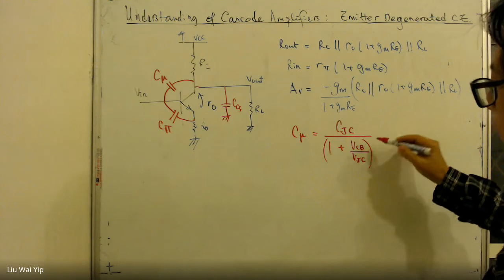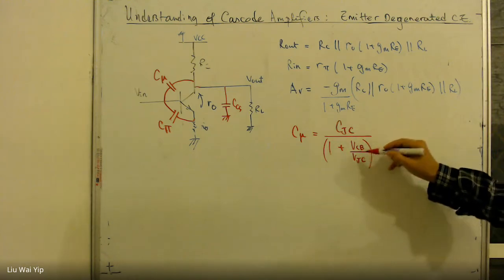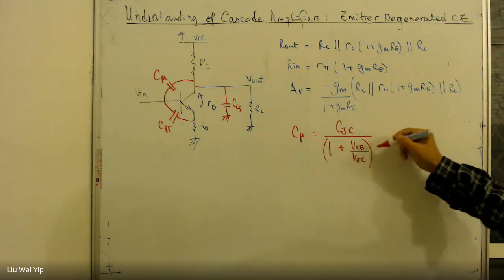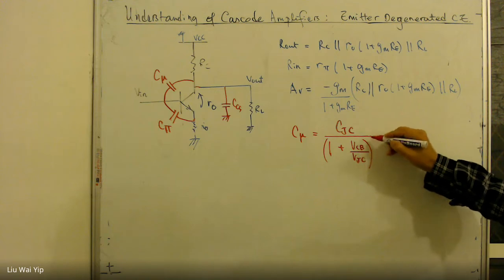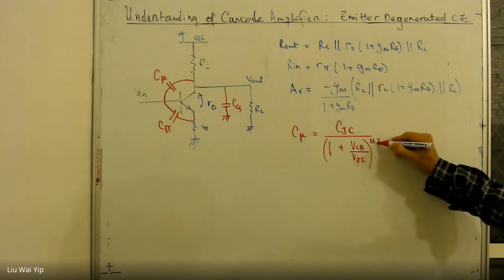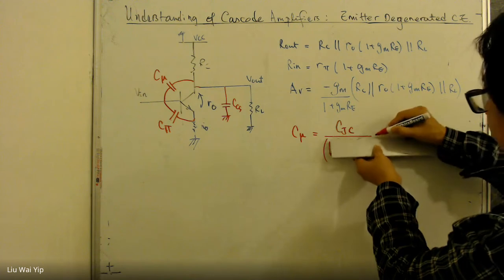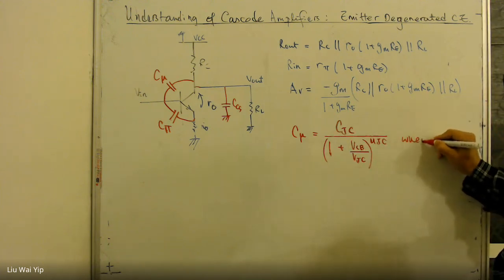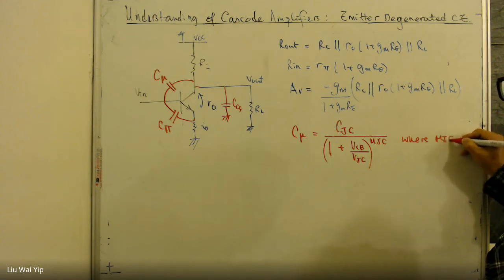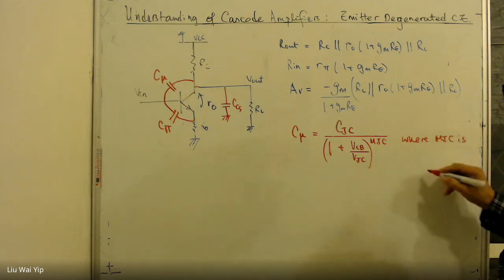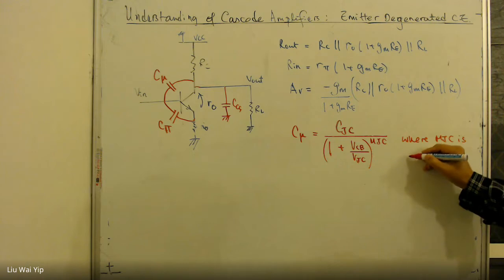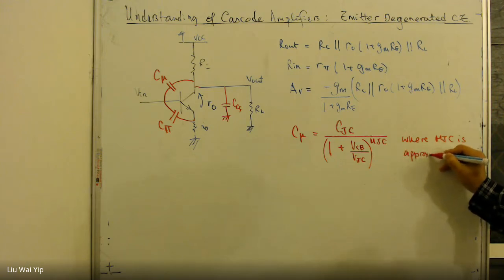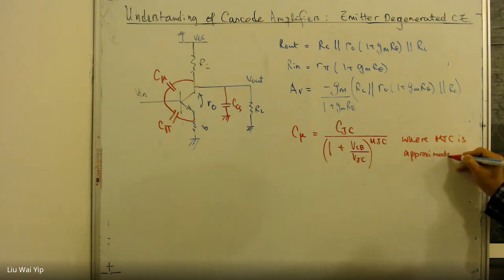And you also need to raise it to a power, like this. So where MJC is approximately 0.5.